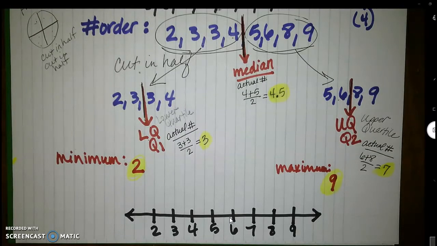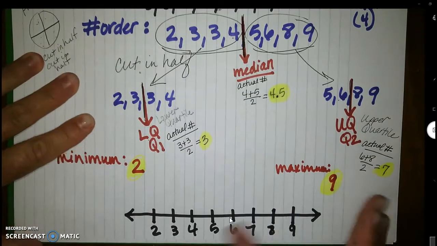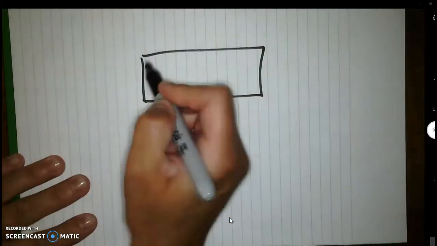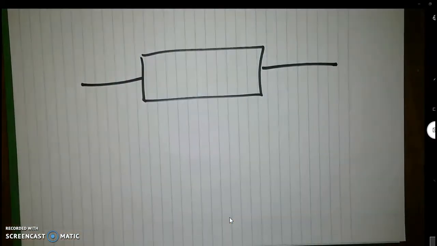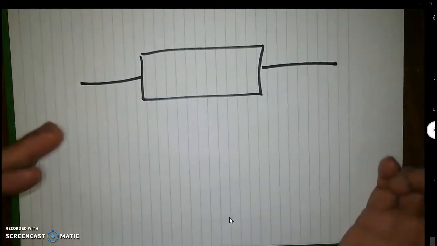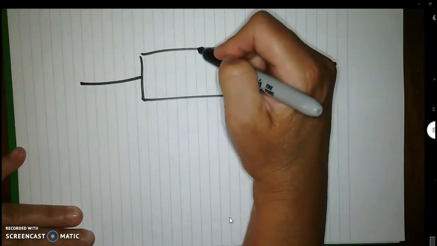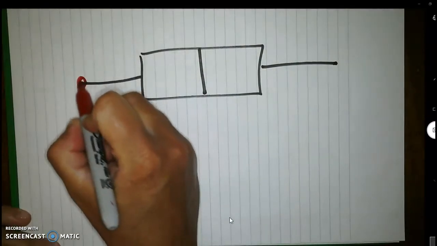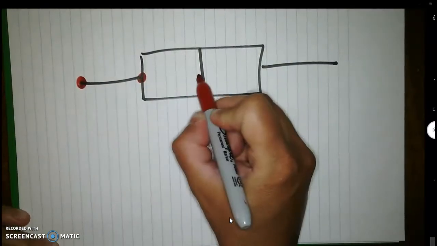Now, if you don't remember what a box and whisker plot looks like, let me show you really super quickly, okay? The box and whisker plot literally looks like a box with a whisker on both sides, okay? Now, typically, the box is going to have a line drawn down the middle, but these locations represent our Fab 5 points.